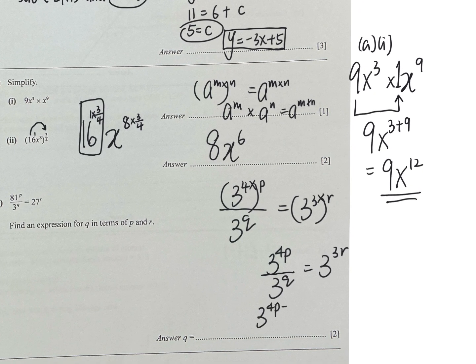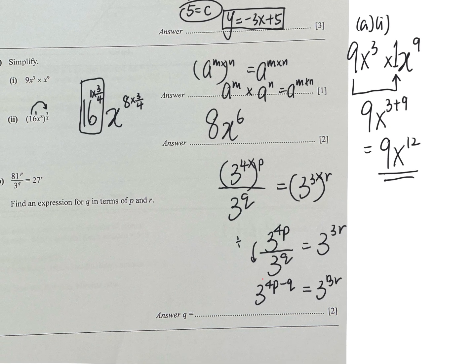So this is 4p minus q. Okay, when you divide, you subtract the power. So once they are equal, you can compare the power already. So it tells me that 4p minus q is 3r. So q, I bring over, will be 4p minus 3r. That's the answer.